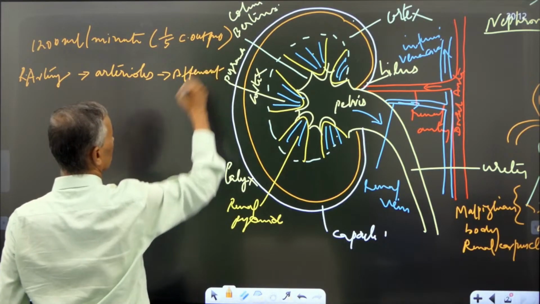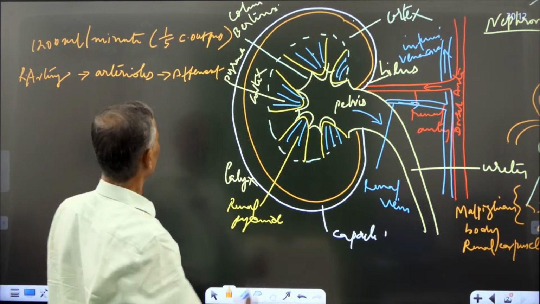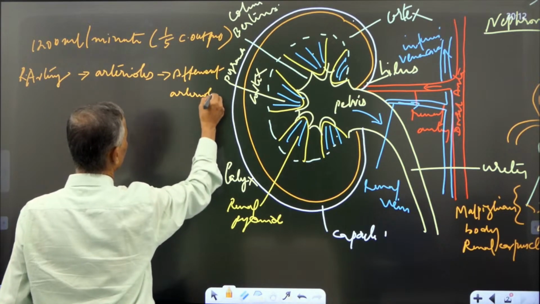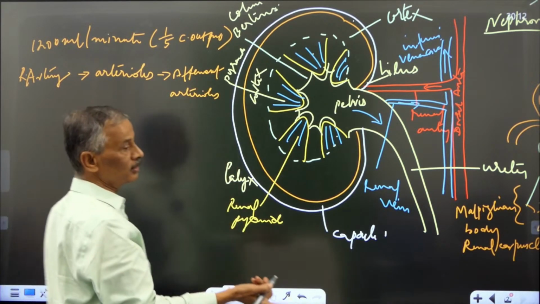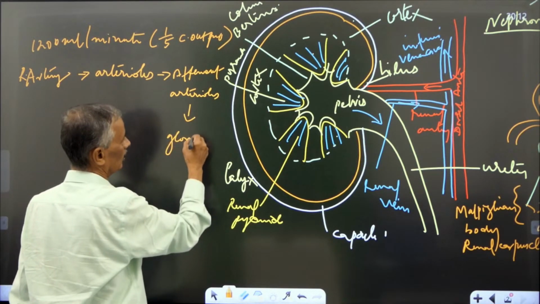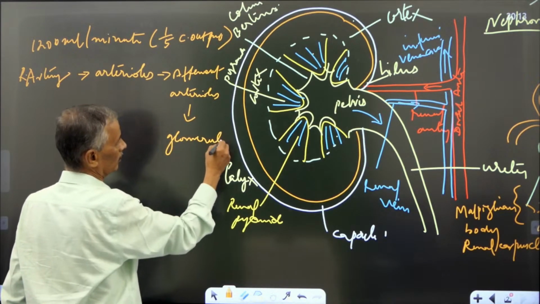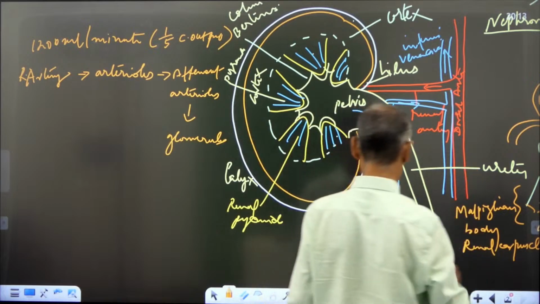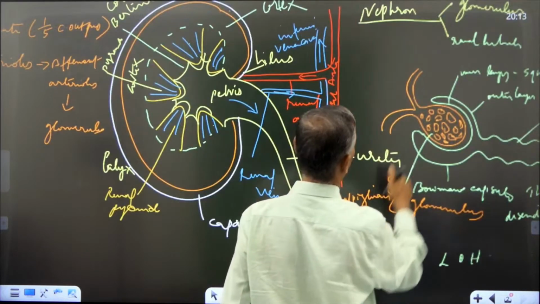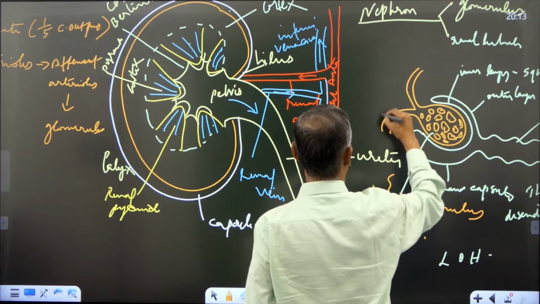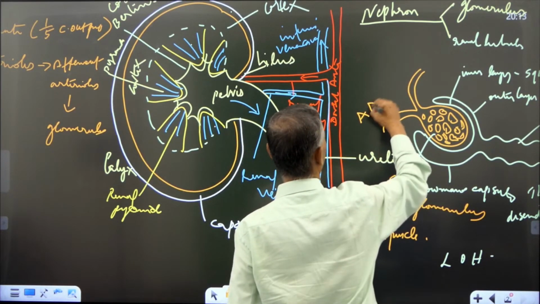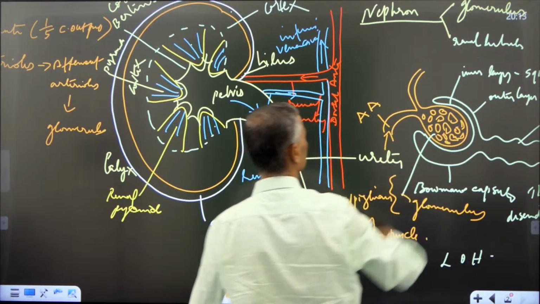Afferent means bringing to. So these are all afferent arterioles, bringing blood to the glomerulus. Thus blood is brought to the glomeruli through the branch called afferent arteriole. It brings blood.